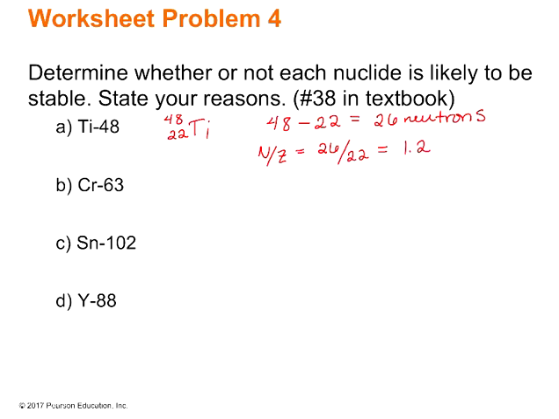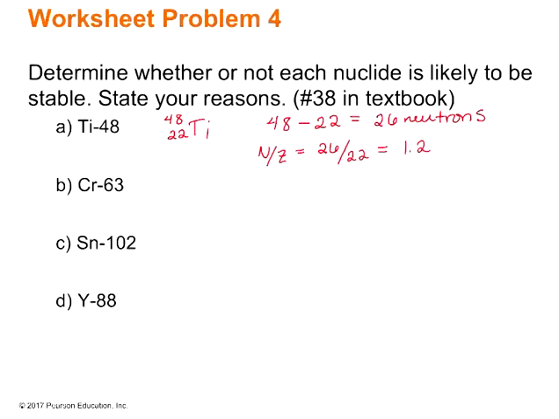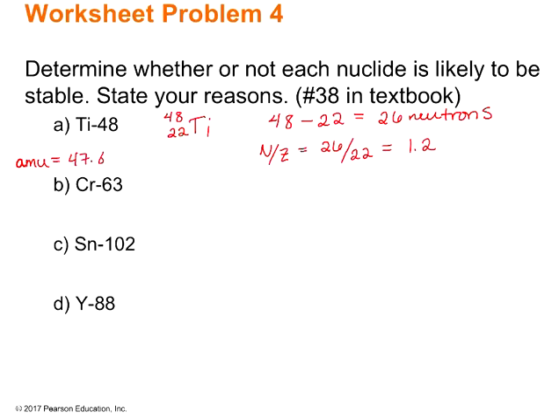Okay, and remember, we just said that for elements 20 to 40, the stable neutron to proton ratio approaches 1.25. So 1.2 really isn't that far off. Now we could also compare the mass number of this isotope to the average mass of titanium. So the mass number is 48, and then the atomic mass number for a bunch of titanium atoms is 47.87.